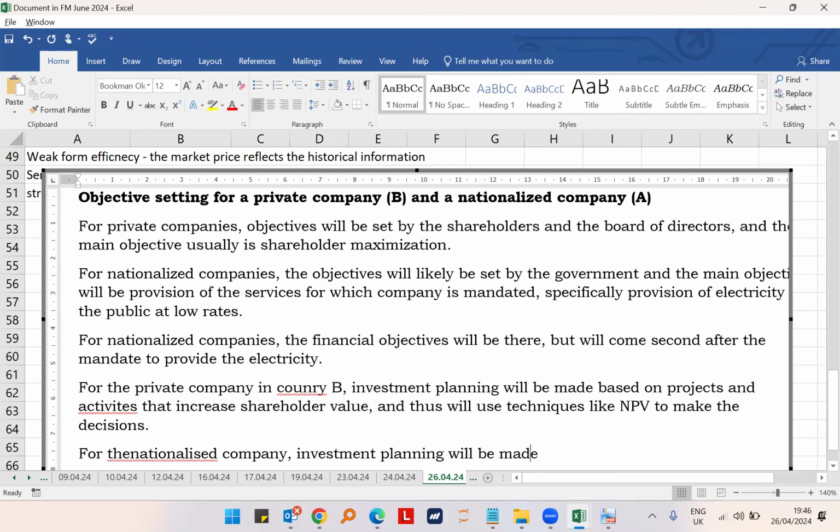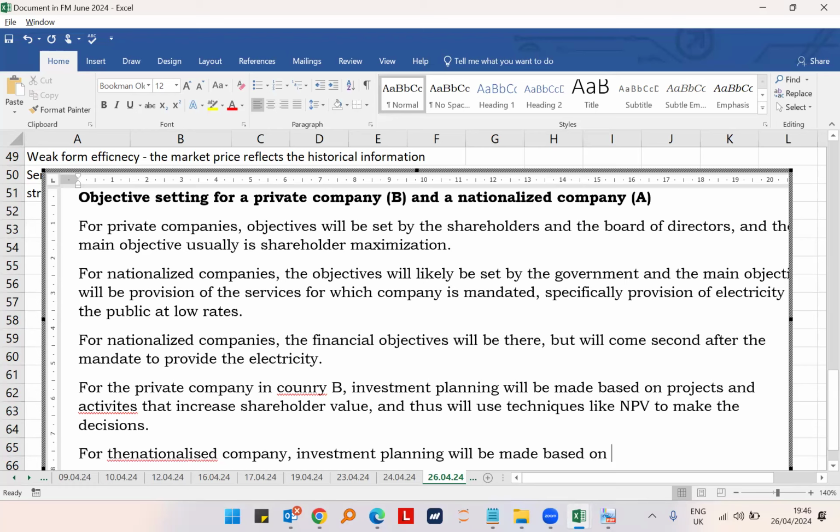will be made based on, so you can see when it comes to the government entities, what normally happens is that the government may have given them some kind of orders of what has to be done.